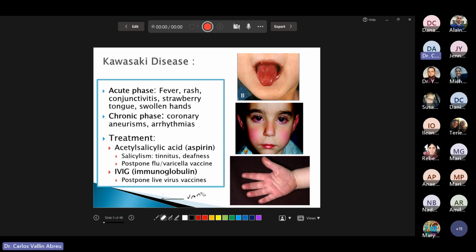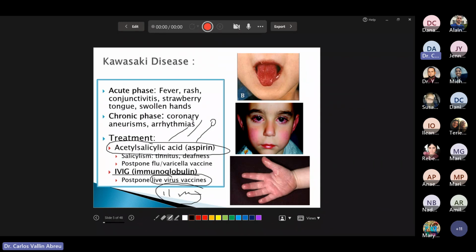For that reason, children with Kawasaki disease that receive immune globulin as part of the treatment must wait 11 months to receive the live viral vaccine doses that are due. So, summarizing, because meanwhile they are taking aspirin, no flu and no varicella vaccine, because varicella and flu are the ones that can produce Reye's syndrome.